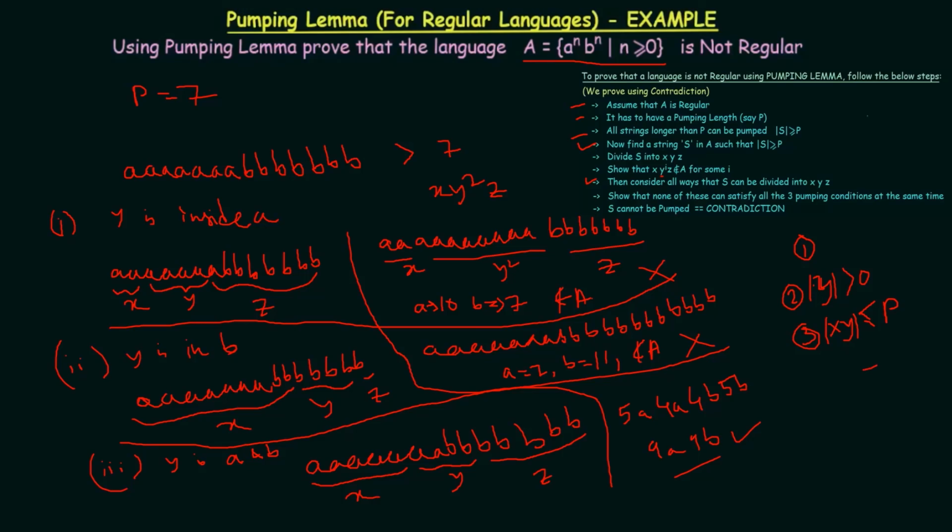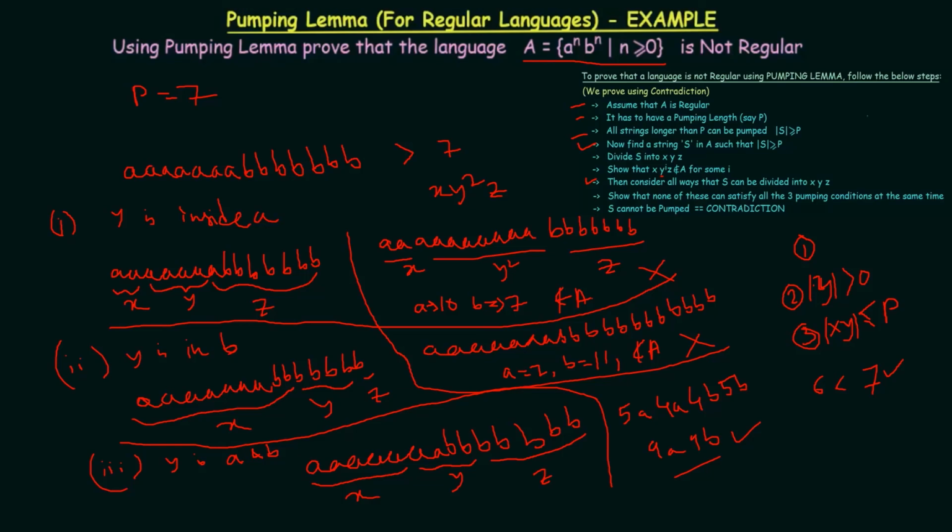So let's see if the combination of x and y is always less than or equal to 7 or not. For the first case it is acceptable. For the second case, the value of x and y together is 7 plus 2 plus 4, so that is around 12.